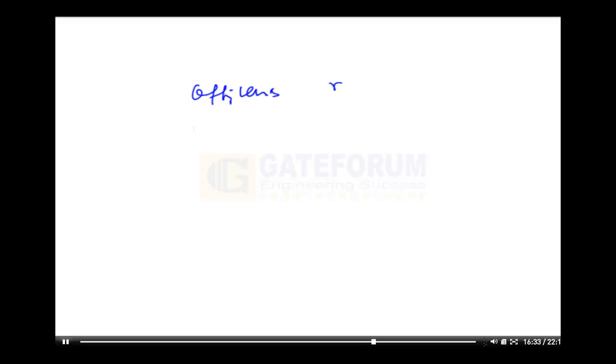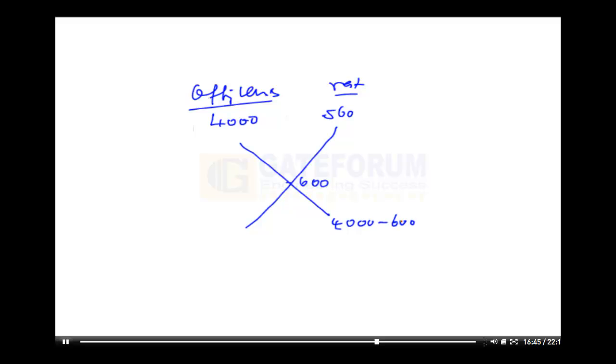The last sum can be done in this way. Officers on one side, the rest of the workers on the other side. Officer's salary is 4,000, rest of the workers 560. Overall it is 600. So we find the difference between expensive and mean, mean minus cheaper.